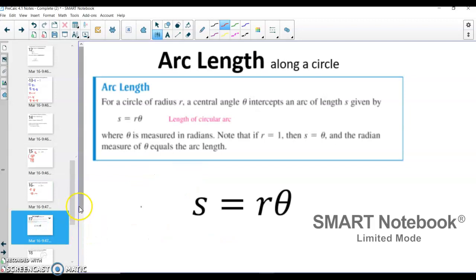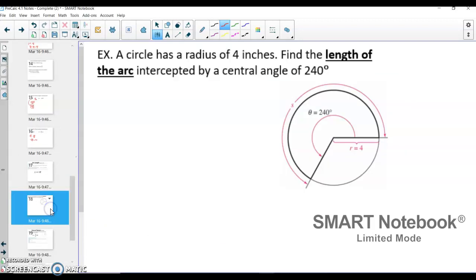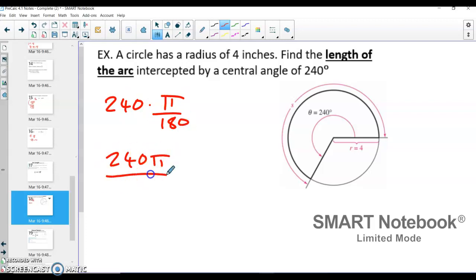Here we have a little equation for arc length. That'll be in your written notes. And then here we're going to actually use it. What I'm going to do is convert that 240 to radians, if I like radians. So 240 times pi over 180. That's 240 pi over 180. Again, reducing down with my calculator here, 240 divided by 180, I get 4 pi over 3.